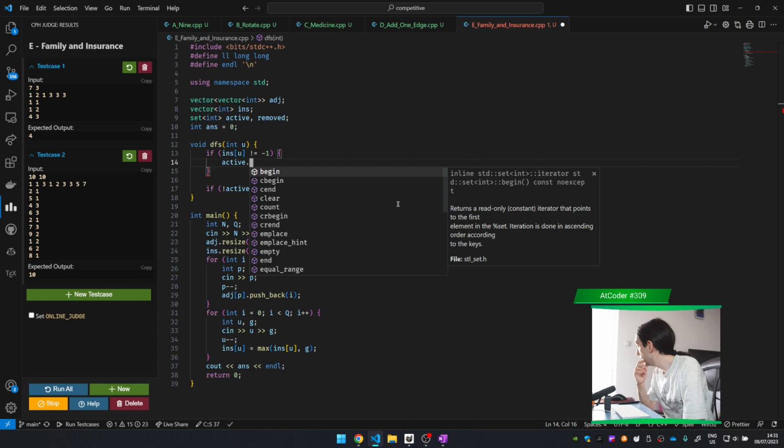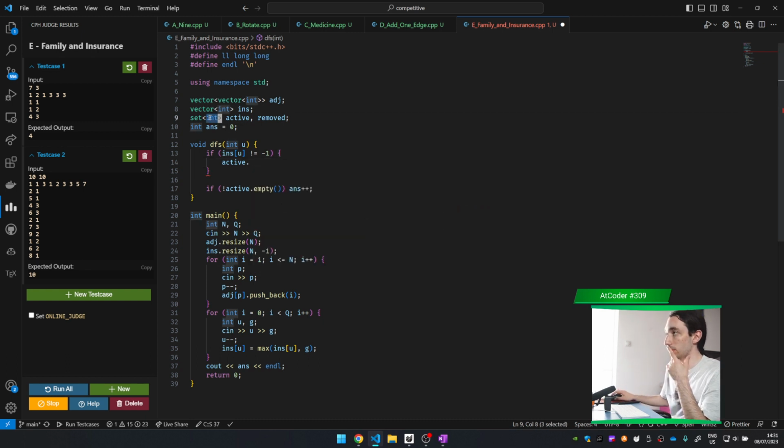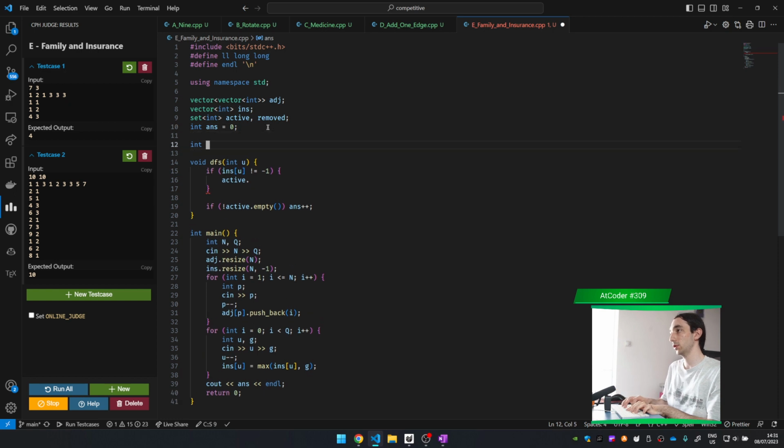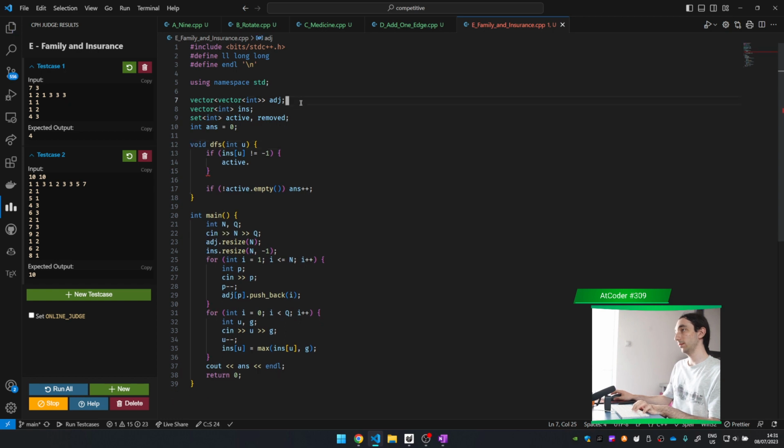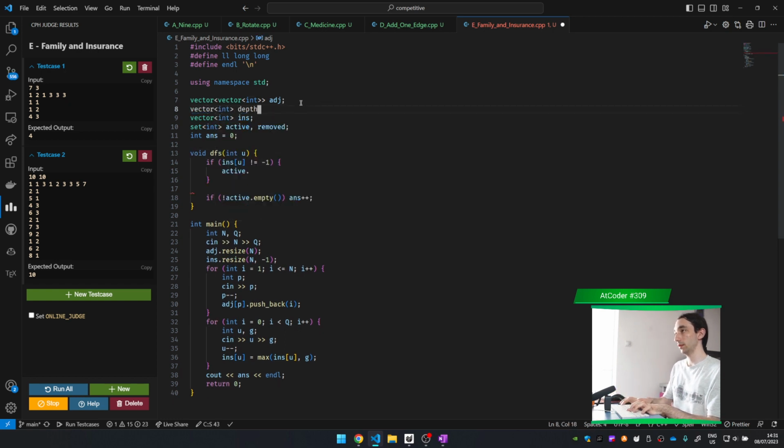So in the active insurance, I want to store which. So first I need a DFS for the depth of each node, because the depth is, I don't need a DFS, I can just do this depth.